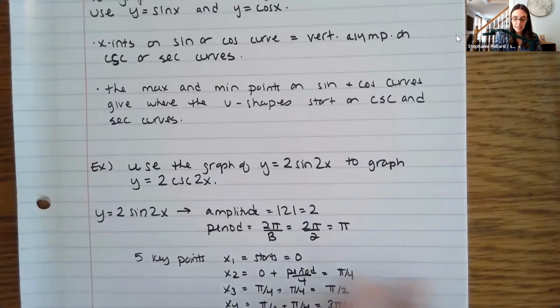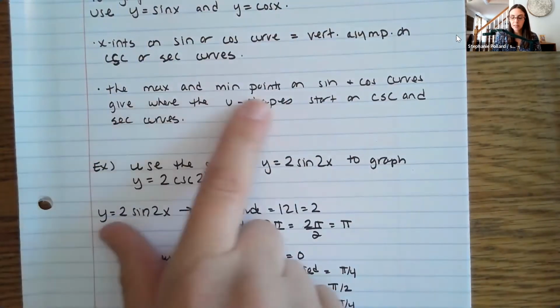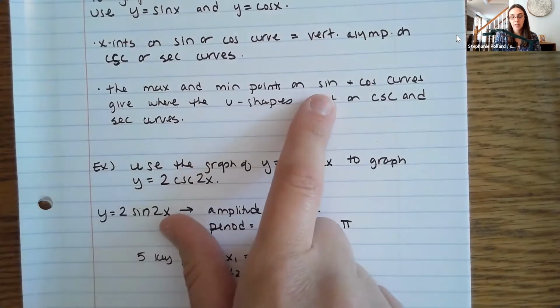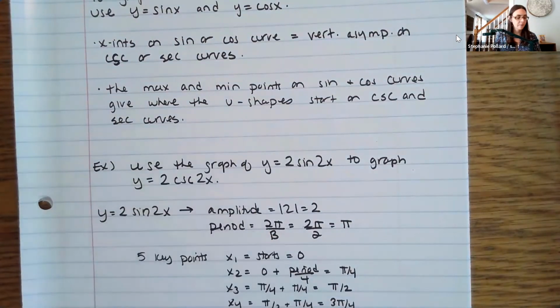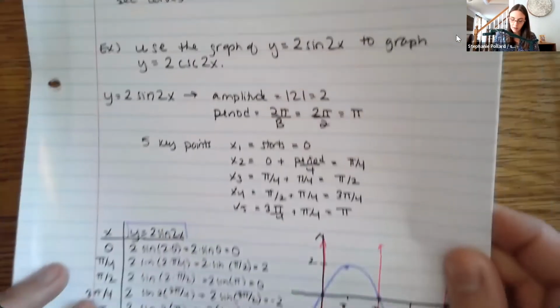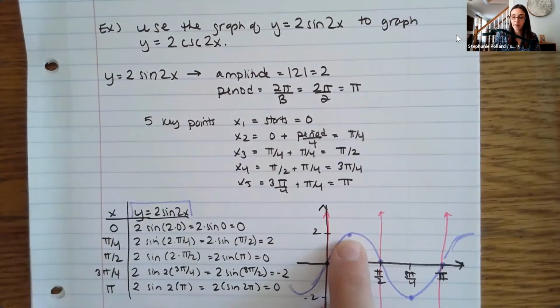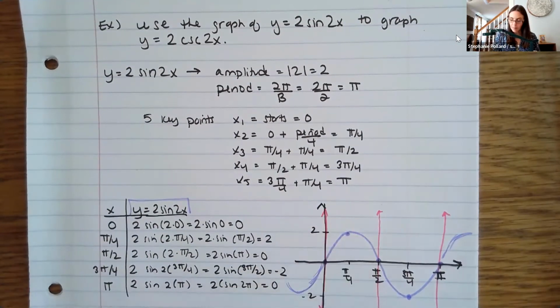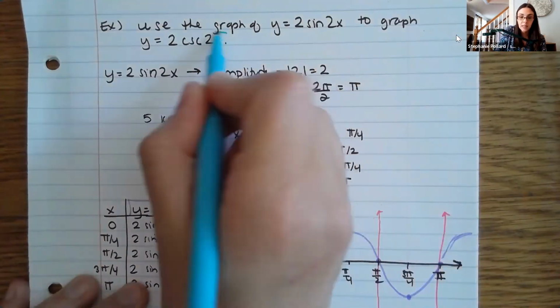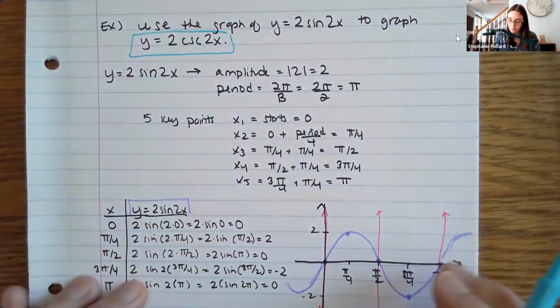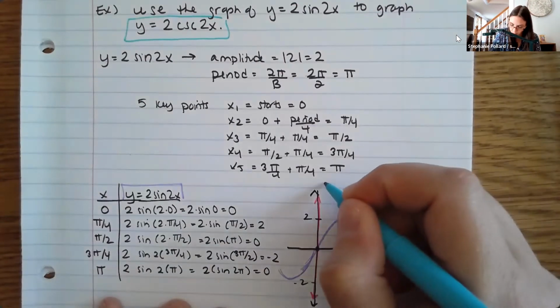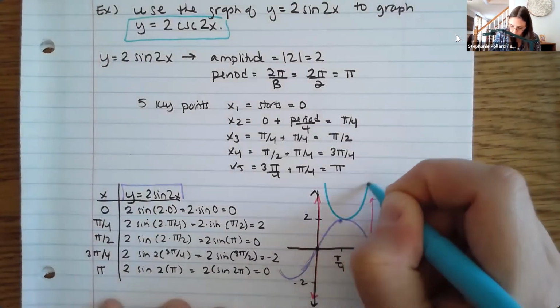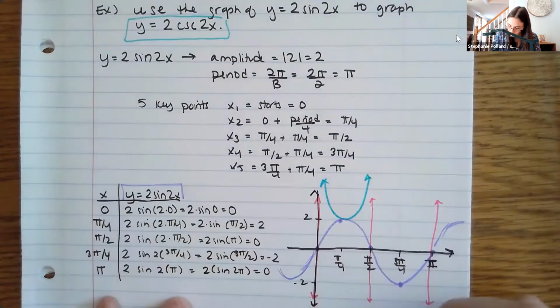And then what happens is our max and min points on, in this case, the sine curve, are going to tell us where our U-shapes start. So here, because the amplitude is 2, we're actually starting up at 2 instead of 1. And I'm going to do our graph for the cosecant in blue here. So you would have a U shape like this. And then here you would have a U shape like this.